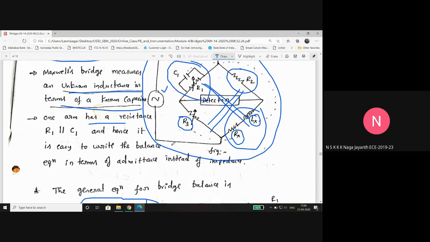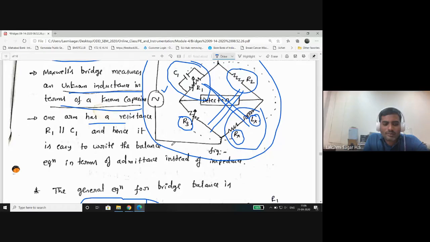It is 1 by impedance, the reciprocal of impedance, right? That we call admittance. So why do we need to represent it in terms of admittance? Because impedances have resistance and reactance components. If you represent in terms of admittance, it becomes very easy for calculations.